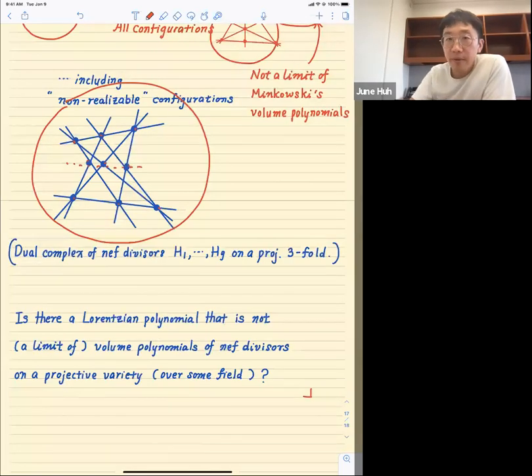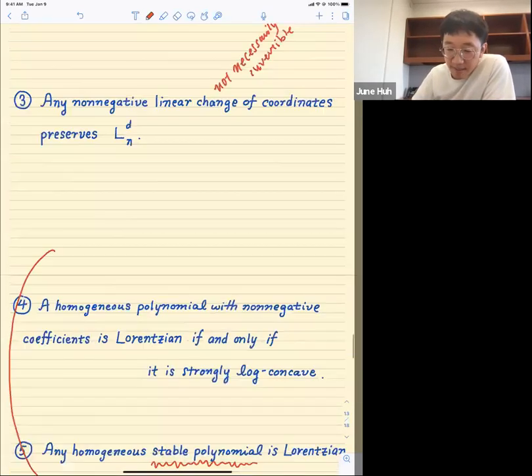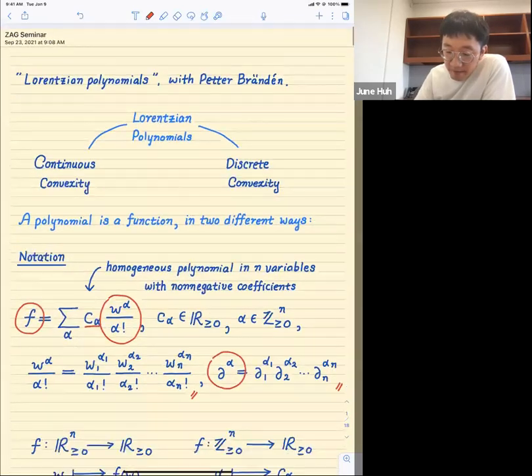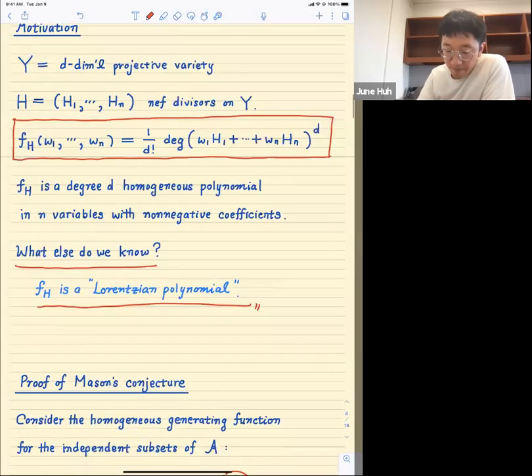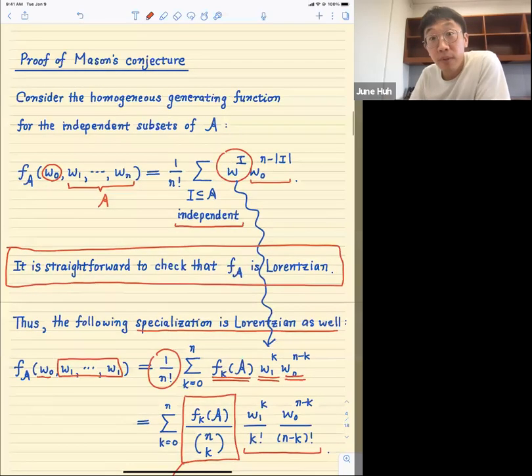So for example, if we go all the way back to the proof of Mason's conjecture, and now you would believe everything I have said here. It's straightforward to check that this particular polynomial is Lorentzian. I just check that its support is M-convex. That's basically matroid theory. And you check this signature condition that comes from induction, basically.